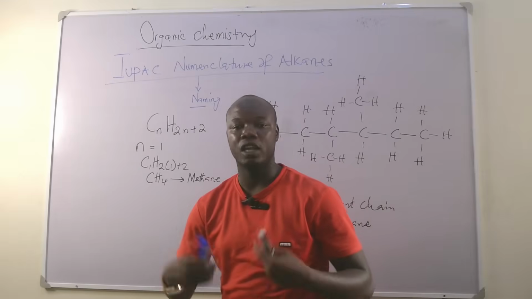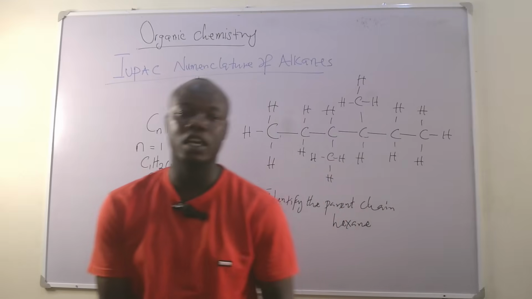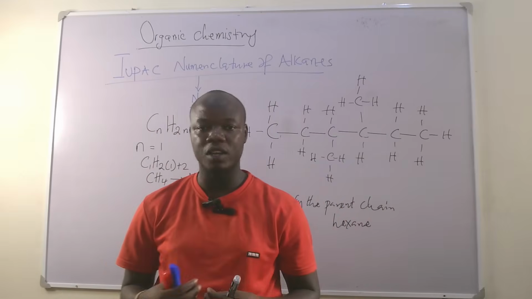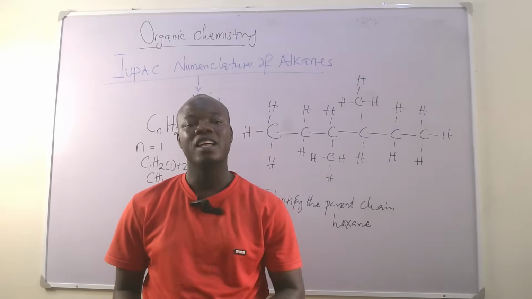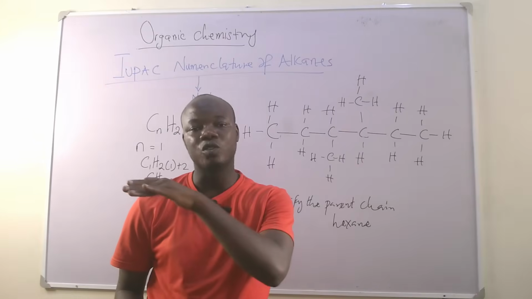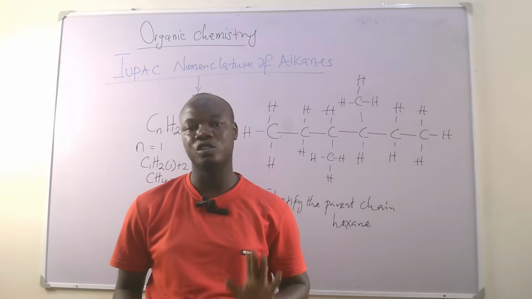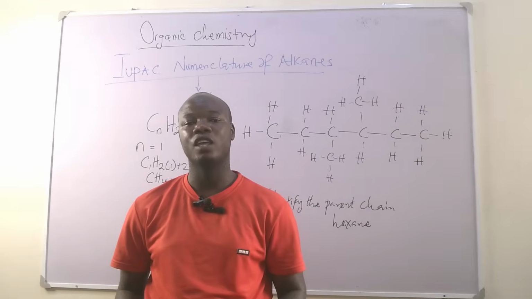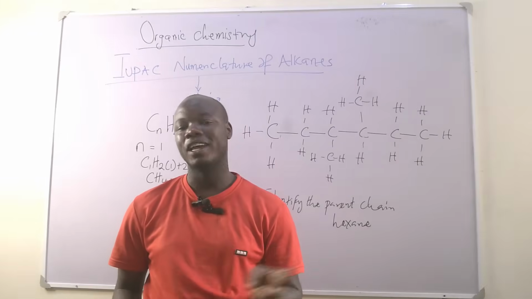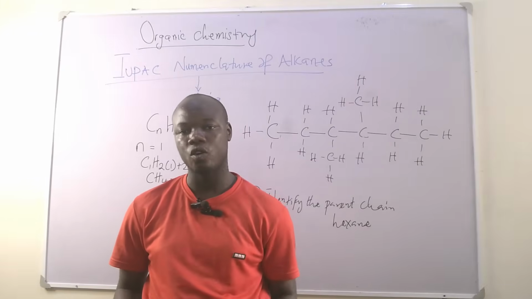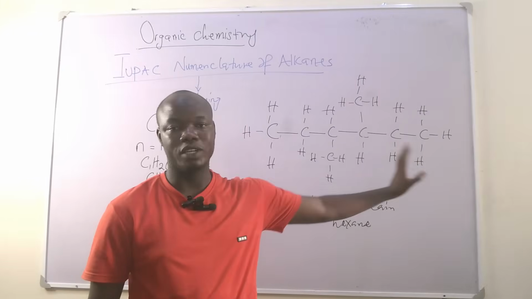So, ladies and gentlemen, what I want to say here is that whenever you are given an organic compound to name, the first thing to do is to count the longest continuous carbon chain, and this applies to any family of organic compounds, whether it is alkane, alkene, or alkanoic acid. Always do that.